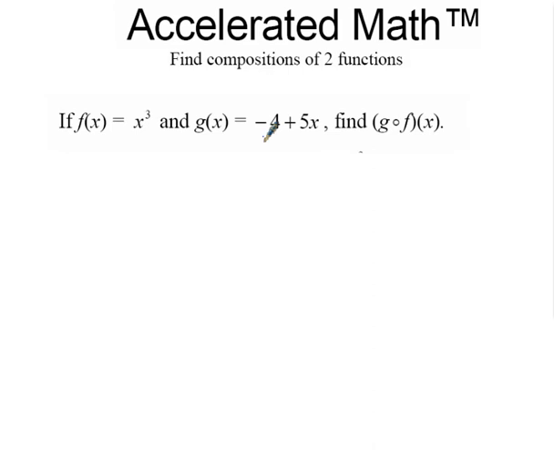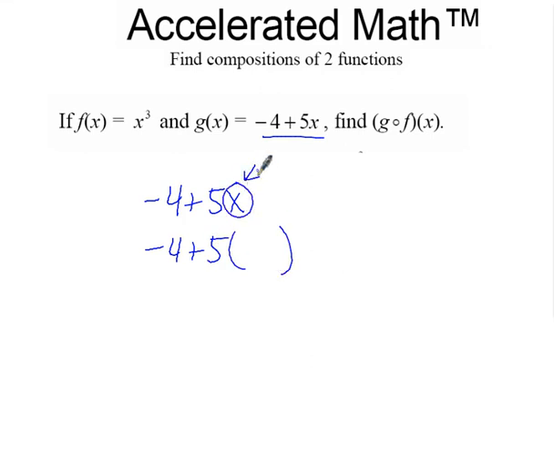So we're going to start with g of x: negative 4 plus 5x. But when you write it, negative 4 plus 5, instead of putting x there, that's where you would plug in 10, or whatever g is asking for, but it's asking for g of f. So we're going to take f, which happens to be x cubed, and put it right in there for the x value.